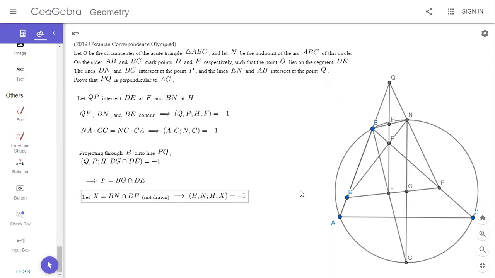And then we can project those through P onto the line GN. Or wait, what was I doing? Project through F instead. Oh, I'm sorry, project through F onto GN.